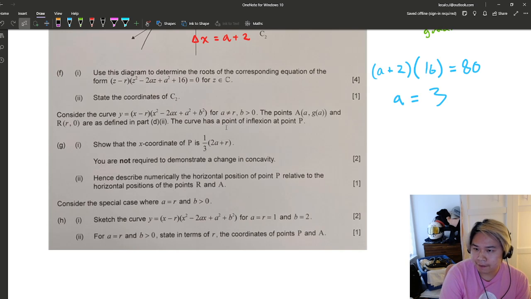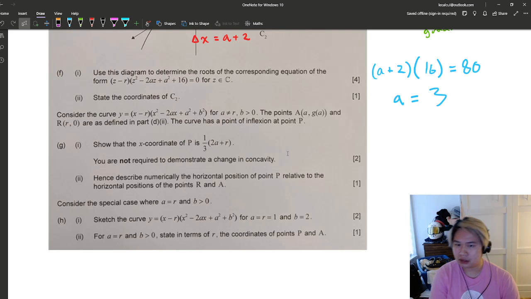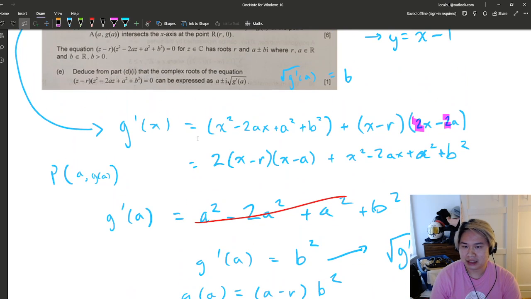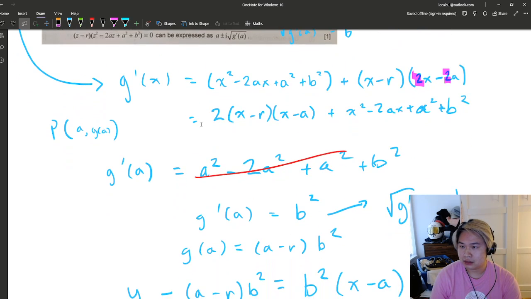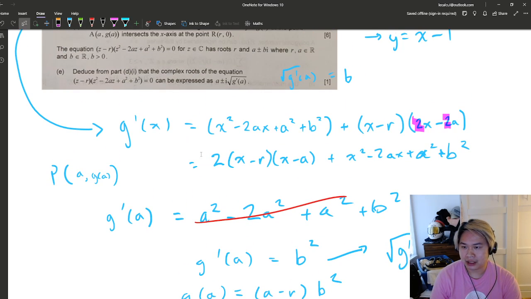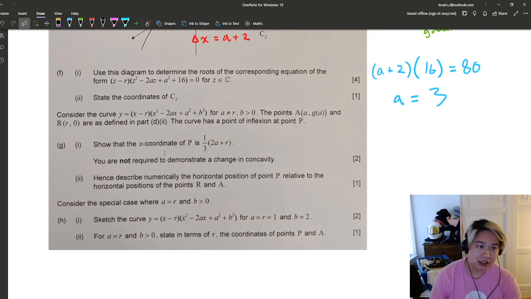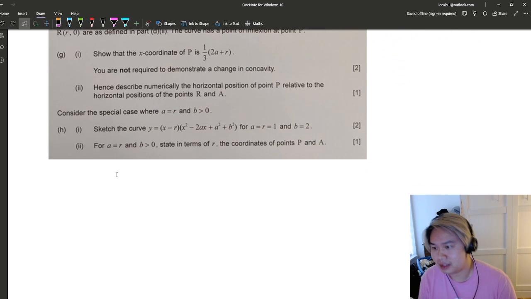The curve has an inflection point at P. Show that the x-coordinate of the inflection point is this. Okay. Where the heck was my derivative? I'm gonna just take the second derivative and we'll deal with that when we get there. So this is my first derivative. Oh, and we don't need to demonstrate a change in concavity, so that's nice.